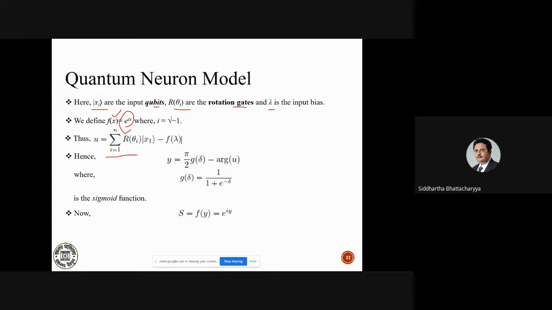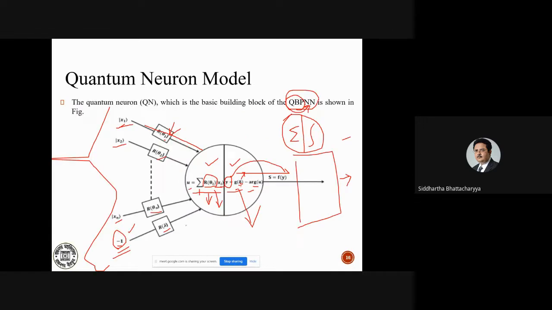And this I already showed you in the previous diagram: R(theta i) applied on |x1>, for example, this would be |xi>. And then this is f(lambda). What is that? This is the bias part or the threshold part. In the classical neuron you have theta. Here it is minus f(lambda). Why f(lambda)? Because the lambda part is coming over here out of this input of minus 1. Okay.